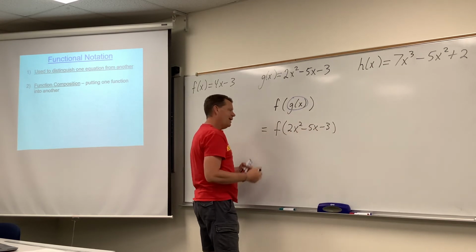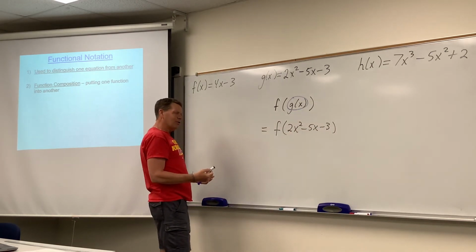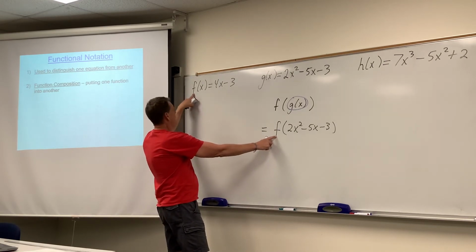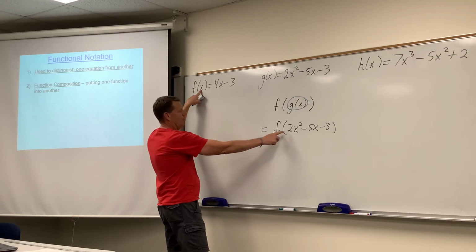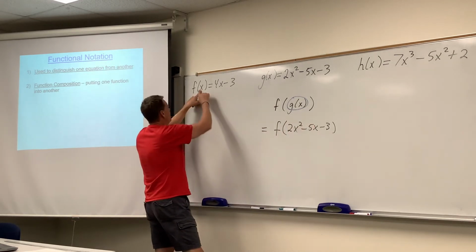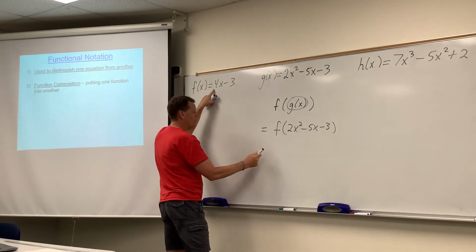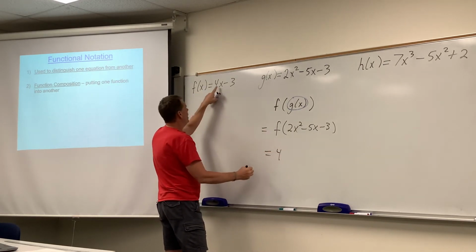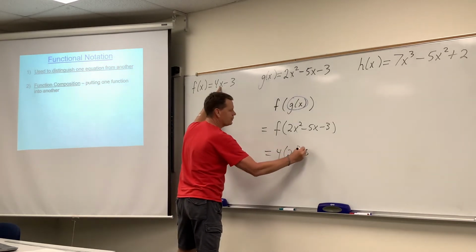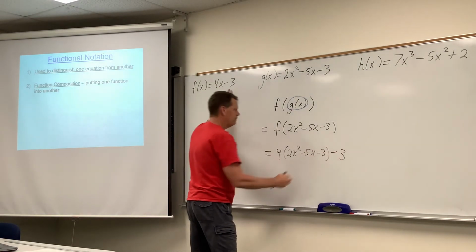All right, now when we get to this step, we hopefully say, well, this is like the ones we were doing just a few minutes ago. We're going to go over here to the f, and we're going to replace that x with that thing in the parentheses, right? This whole thing is going to go in wherever there's an x in that function over there. So that will equal 4, replace the x with what's in the parentheses, minus 3. All right?